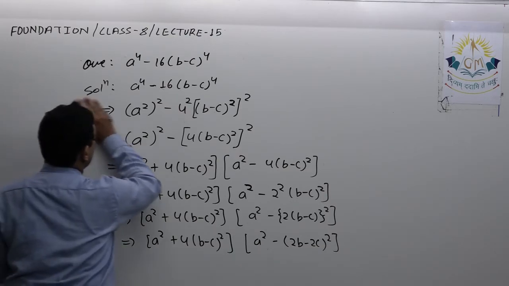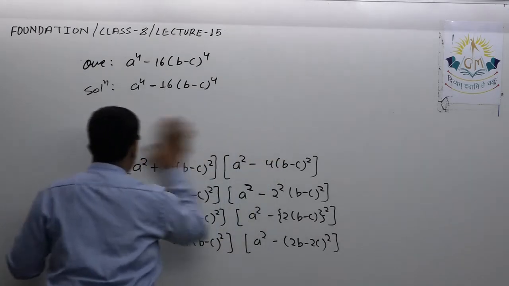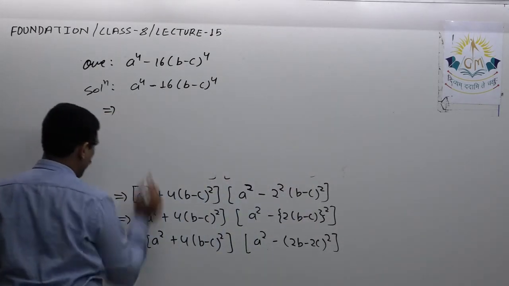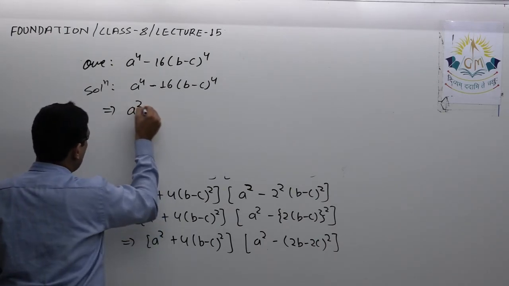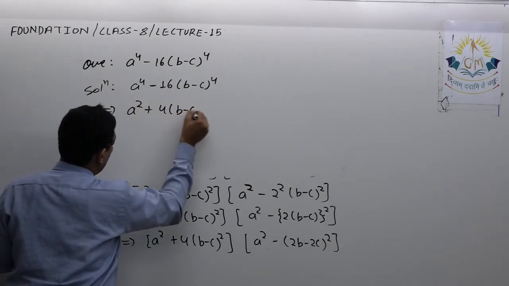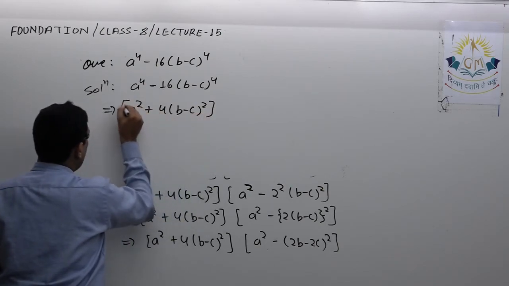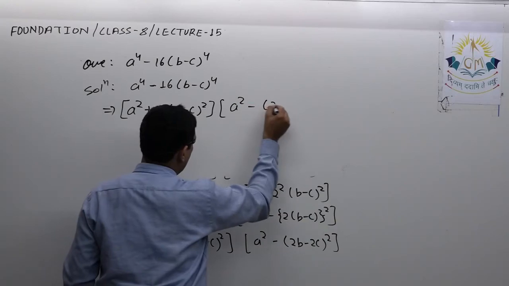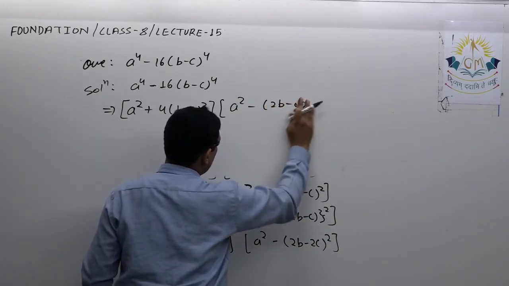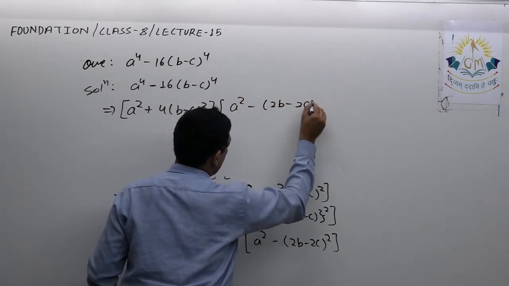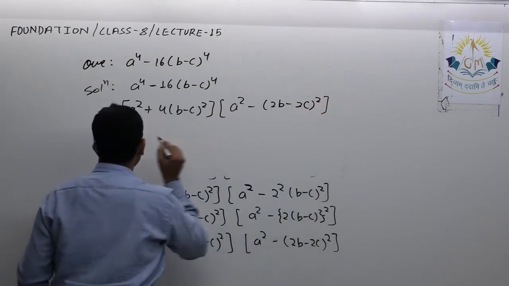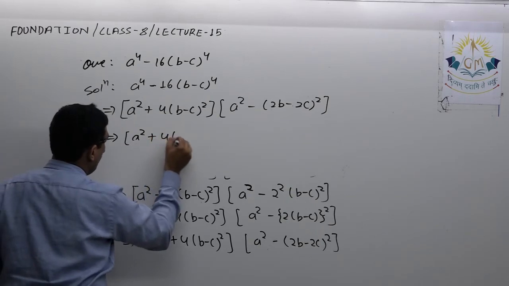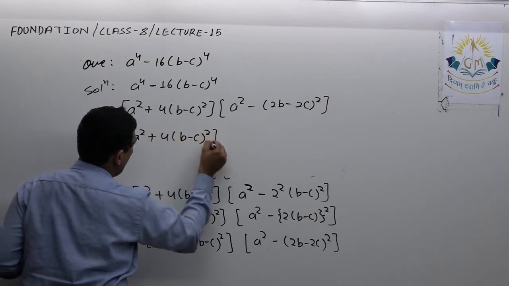Okay, so let me write the remaining solution over here. So here I am noting down this as it is, a square plus 4 b minus c whole square. This remains as it is, and over here this is a square minus 2b minus 2c whole square. Okay, so this will become a square plus 4 b minus c whole square.